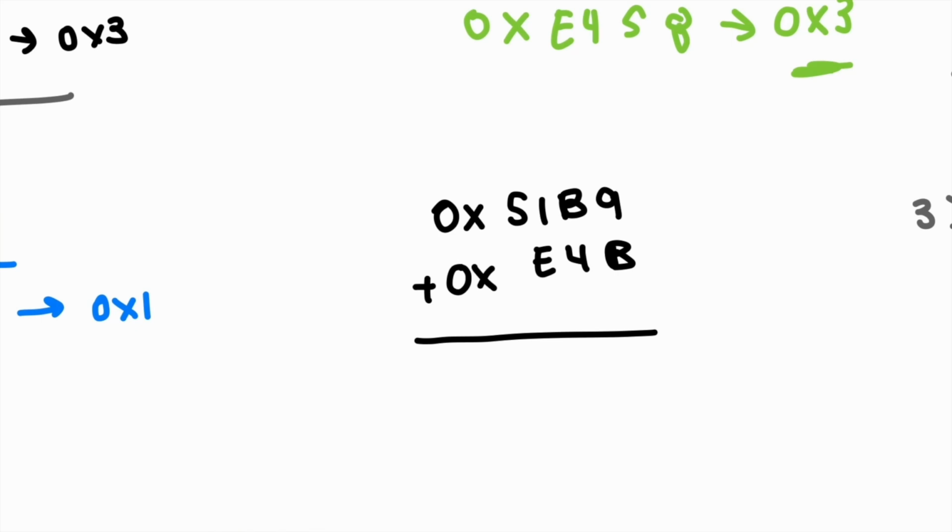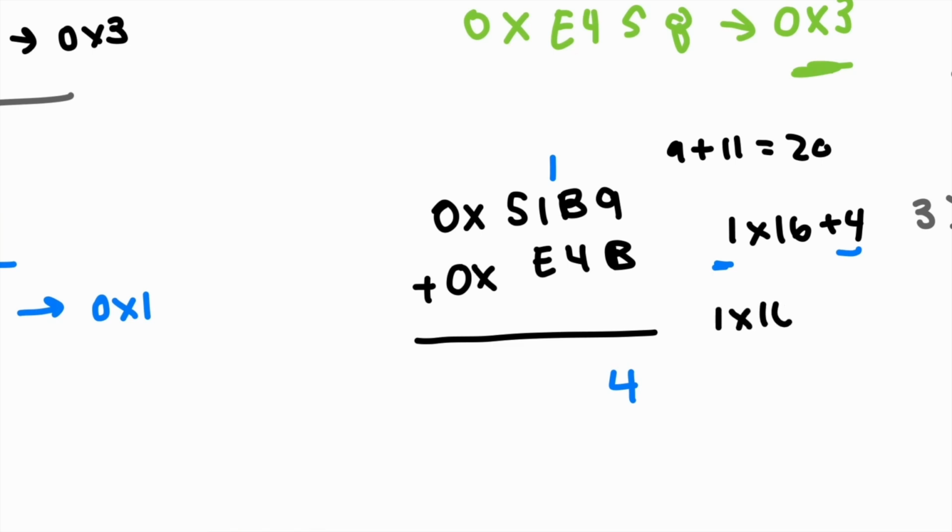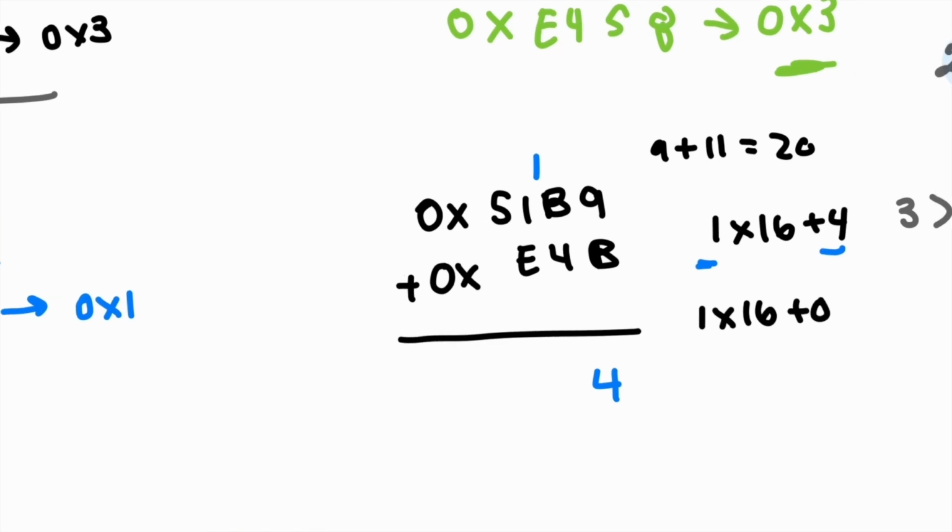9 plus B is 9 plus 11 equals 20. 20 is equal to 1 times 16 plus 4. This 4 goes down here, and this 1 is carried up here. 1 plus B is 12. 12 plus 4 is 16. So 1 times 16 plus 0 equals 16.